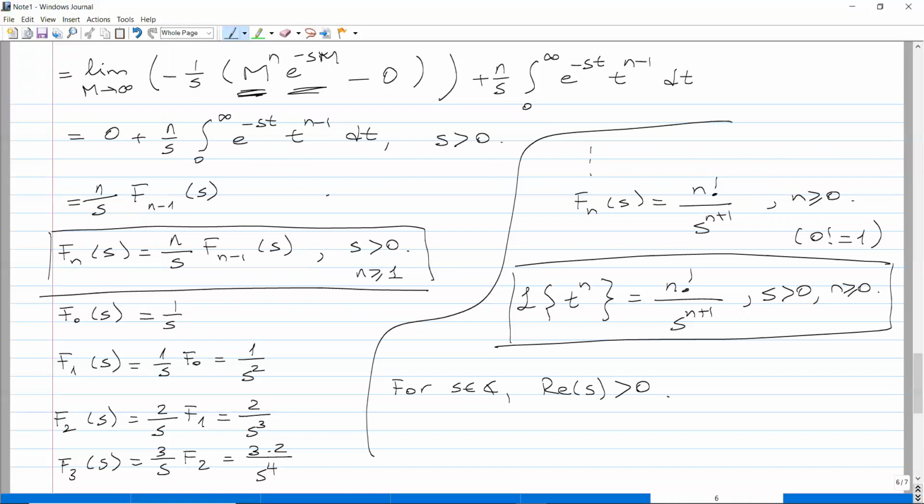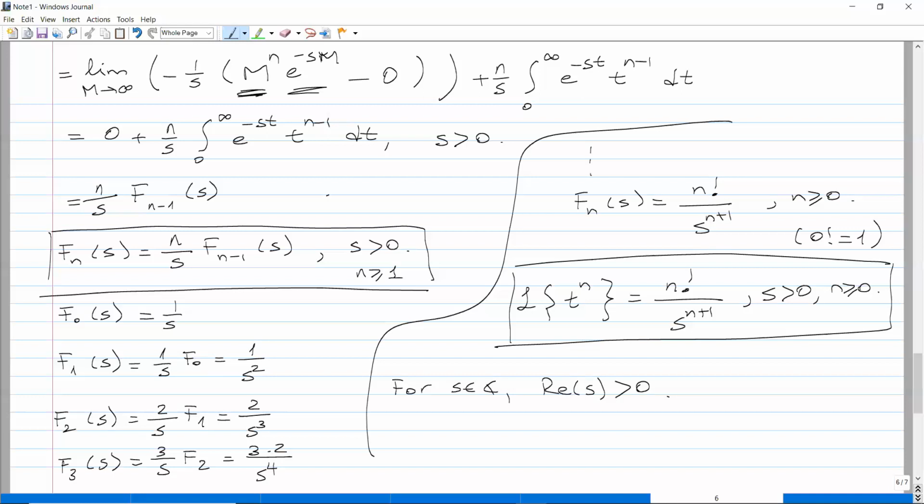Okay, now what we are going to do next is generalize these two examples. Basically, how do we generalize? In the previous example, we computed the Laplace transform of the exponential function.